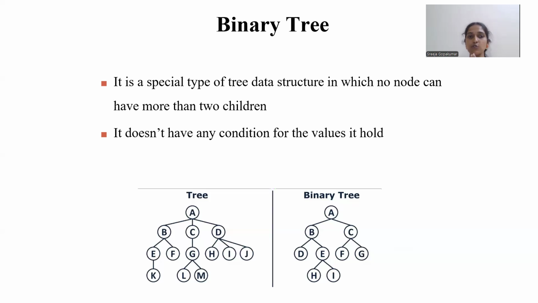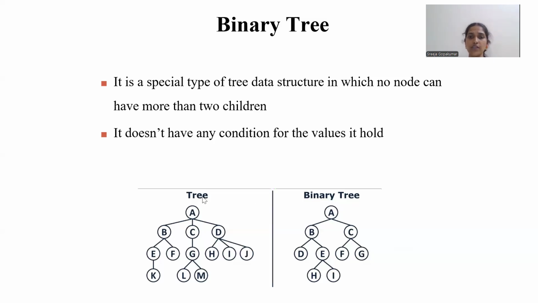There is no limit to the values which the nodes are going to hold. It can be a variable, an integer value, or an expression. There can be operators too. Any sort of values we can have for each and every node present in the tree. So this is the introduction to the binary tree.